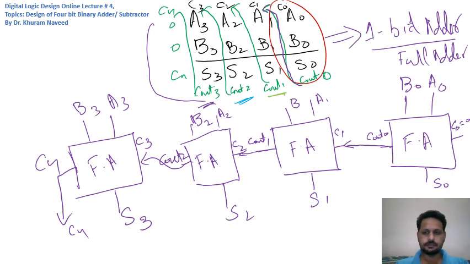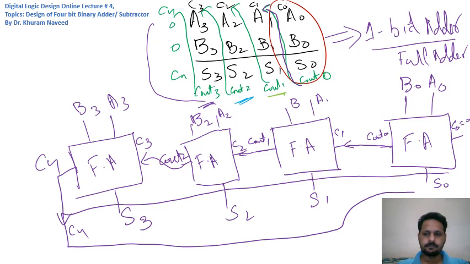So now this is your sum of the 4-bit adder, right? So this is how you make a 4-bit binary adder by connecting 4 full adders or 4 1-bit adders, right?